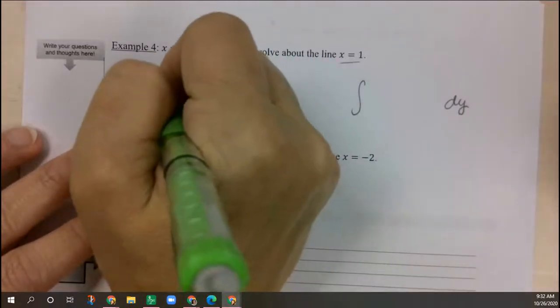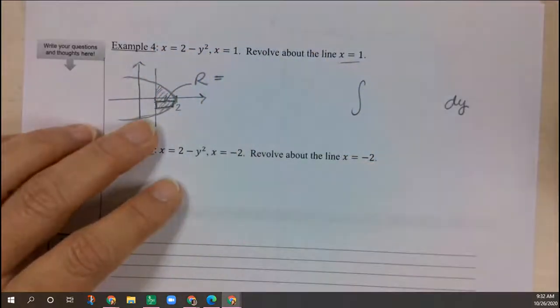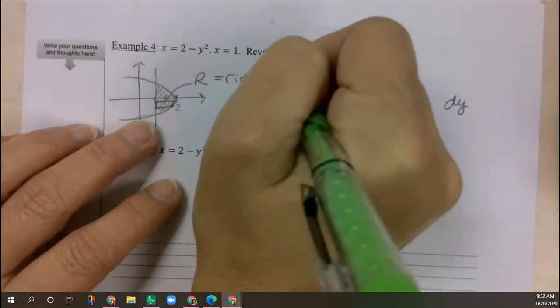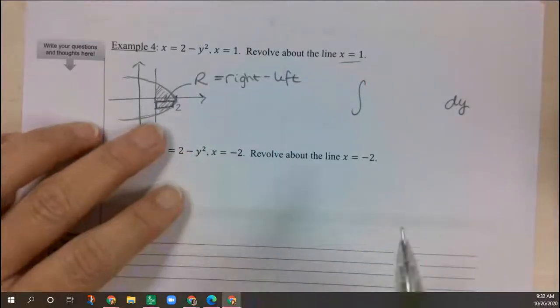Still, the base of this rectangle is your radius, but in this case, we can't do top minus bottom because it's going sideways. We're going to do right minus left, because right's going to be the highest value, left is going to be the lower value.